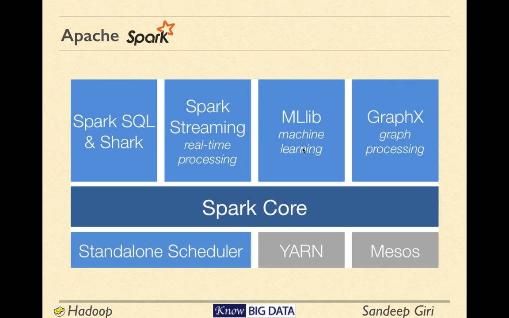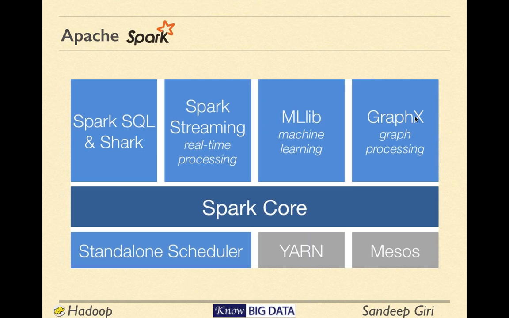So Spark can either run as a standalone scheduler, or it can run on top of Yarn, or it can run on top of Mesos. And on top of Spark Core, we have various libraries that utilize it to provide you various functionalities.